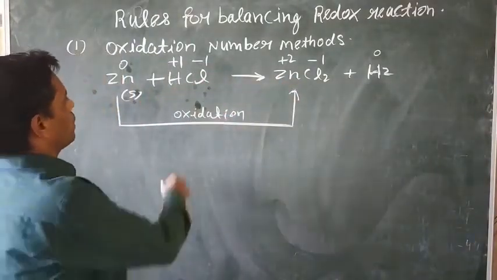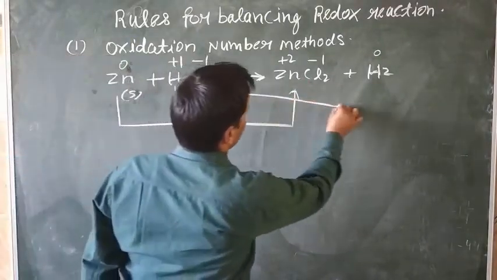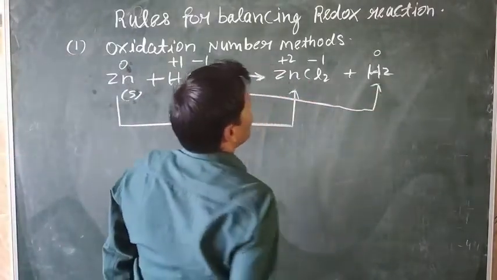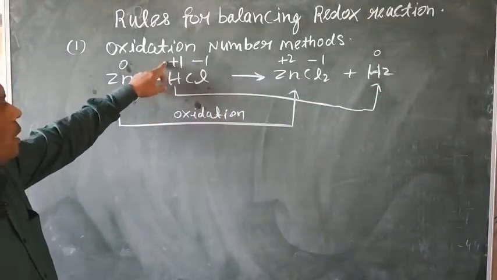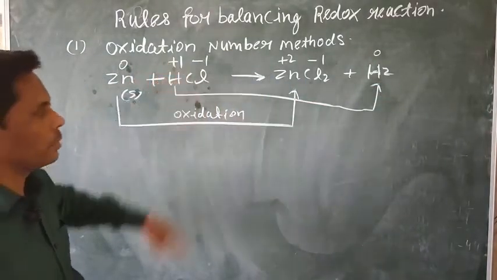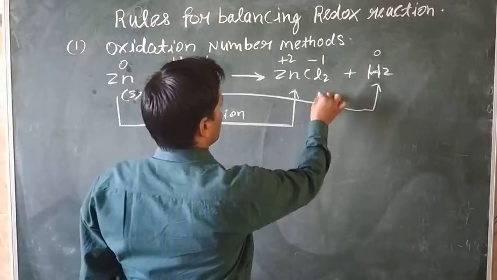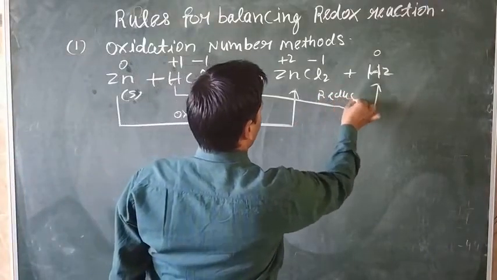Which oxidation number changed? Hydrogen. Hydrogen goes from +1 to 0, so hydrogen undergoes reduction.